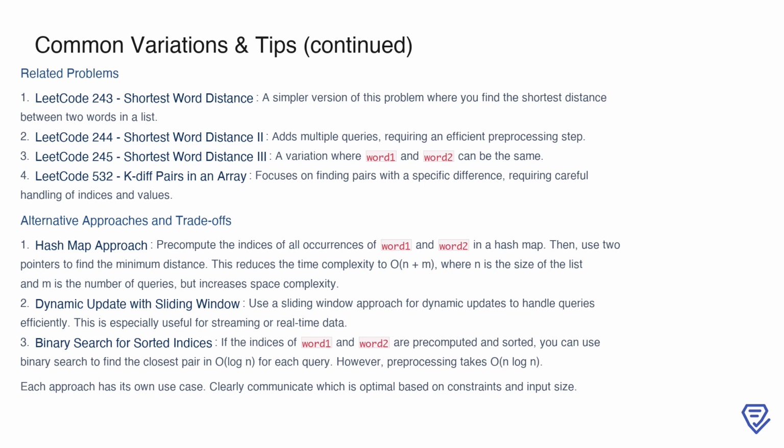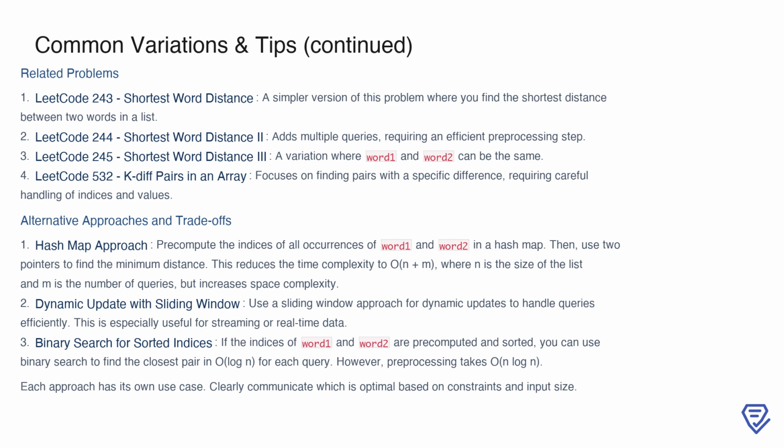To solve these problems, you can also explore alternative approaches. For instance, the hash map approach involves pre-computing the indices of all occurrences of word 1 and word 2, allowing you to use two pointers to minimize the distance efficiently. However, this increases the space complexity. For dynamic updates in real-time scenarios, a sliding window approach works well, especially for streaming data.